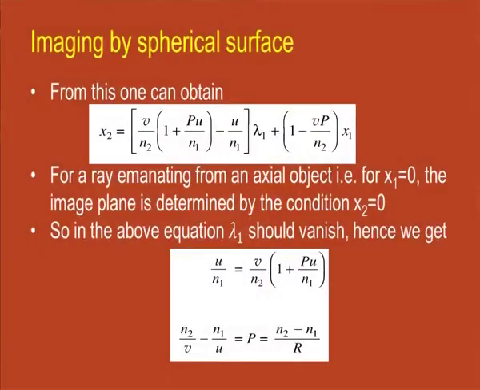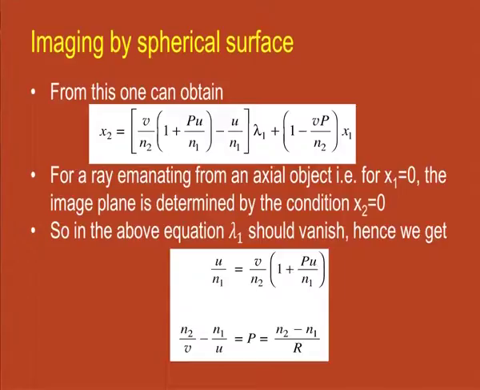So, from this one can obtain the simplified expression, that is, x2 is equal to v/n2 into (1 plus pu/n1 minus u/n1) into λ1, plus (1 minus vp/n2) into x1.